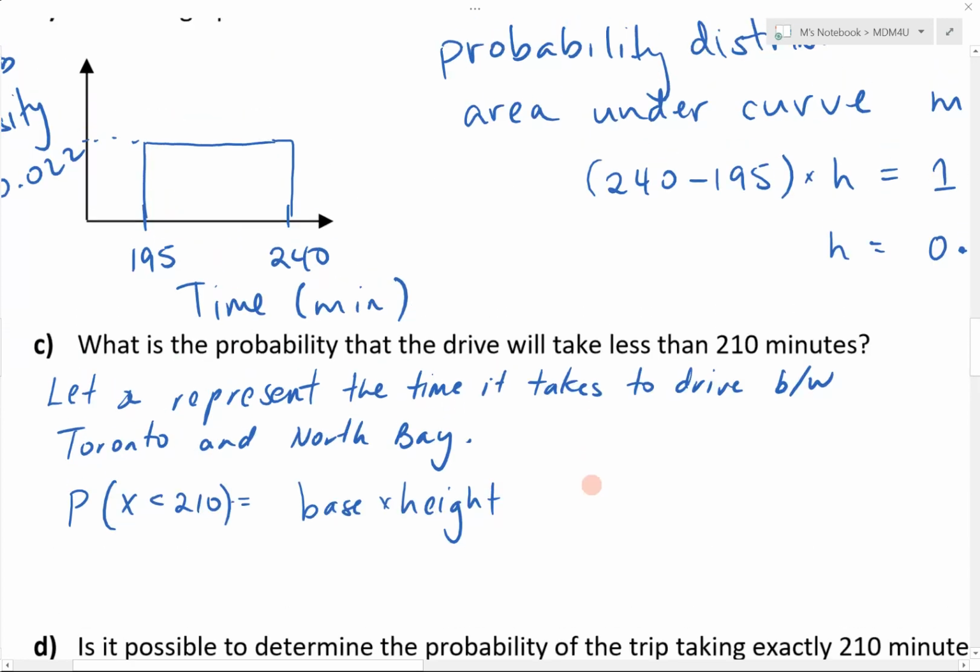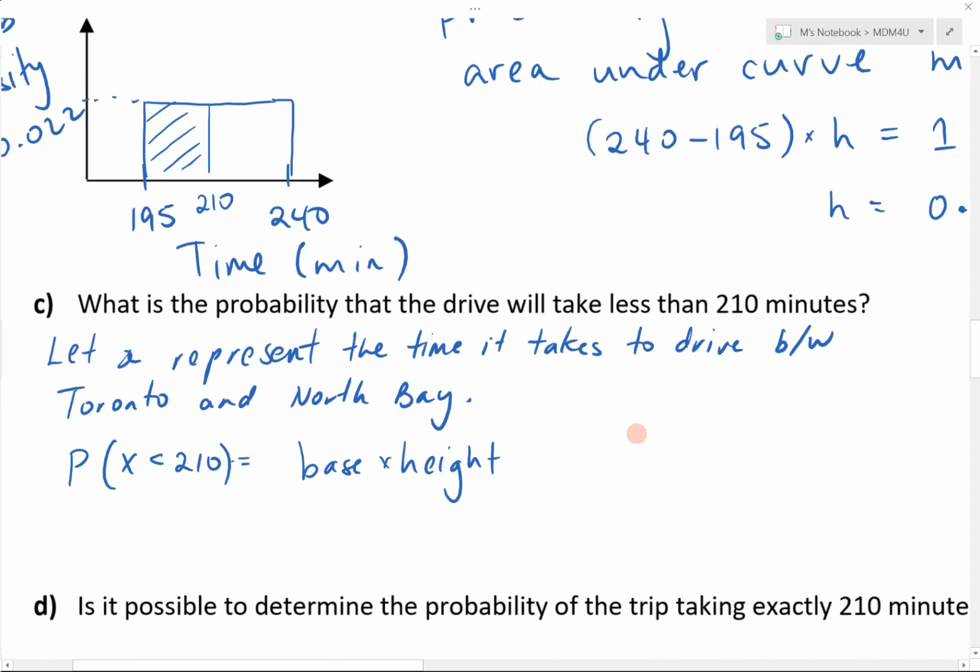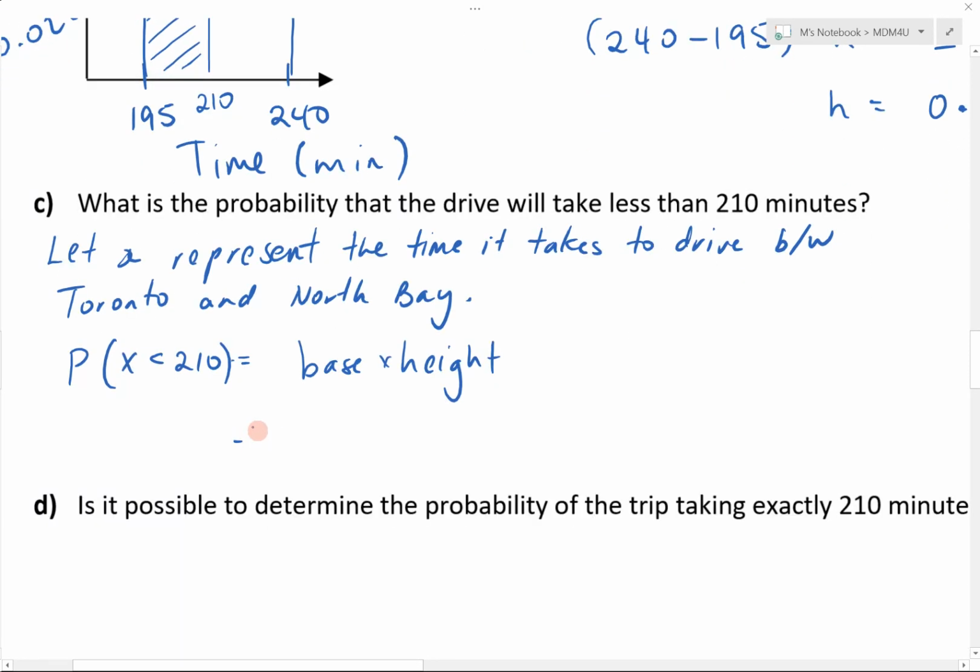If I go back to my graph, where would 210 be? Maybe somewhere around here. Okay, so I'm looking for this area right there. So the base is going to be 210 minus 195, since the graph begins at 195, multiplied by the height, which we already found to be 0.022, and that equals 0.33.